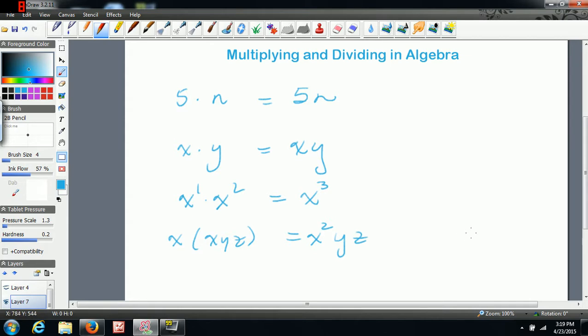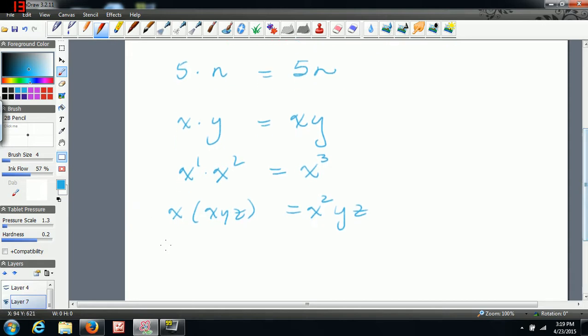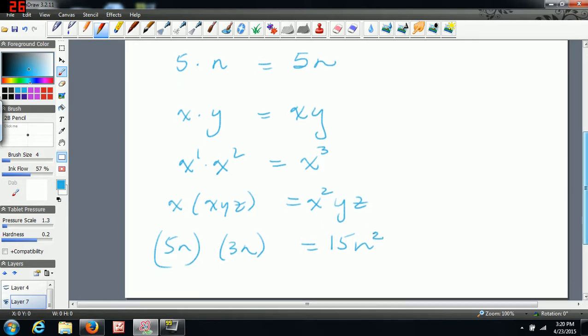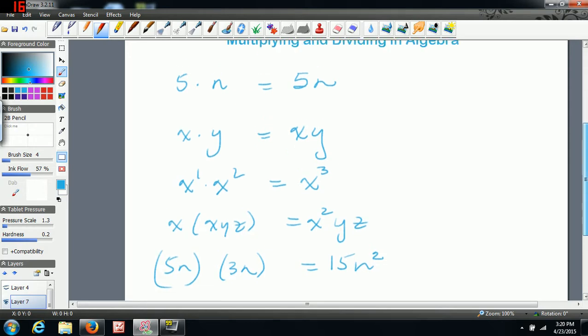Okay, so a few other examples could be like if you had 5n times 3n, you would multiply the numbers, so that would be 15, and then the n, you would use that rule where you add the exponent, so that would become n to the 2. Okay. So that's how that would work.